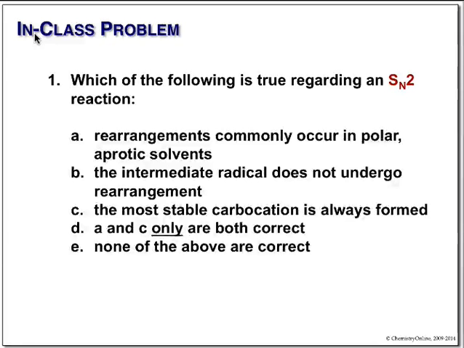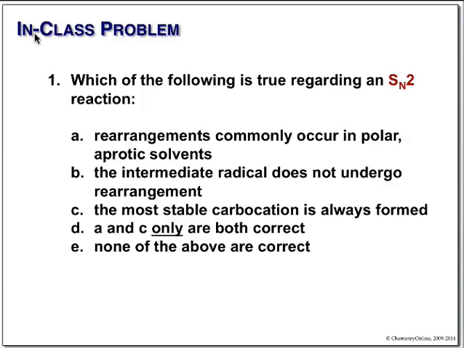All right, which of the following is true regarding an SN2 reaction? Okay, remember SN2s. Rearrangement commonly occurs. Nope. We don't have carbocation intermediates in an SN2 reaction. Intermediate radical.